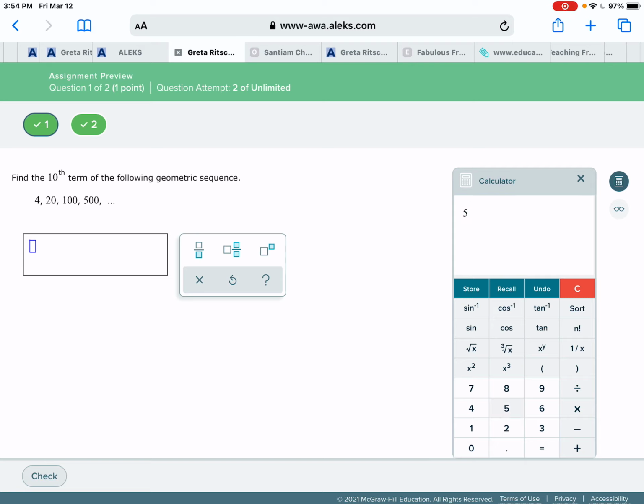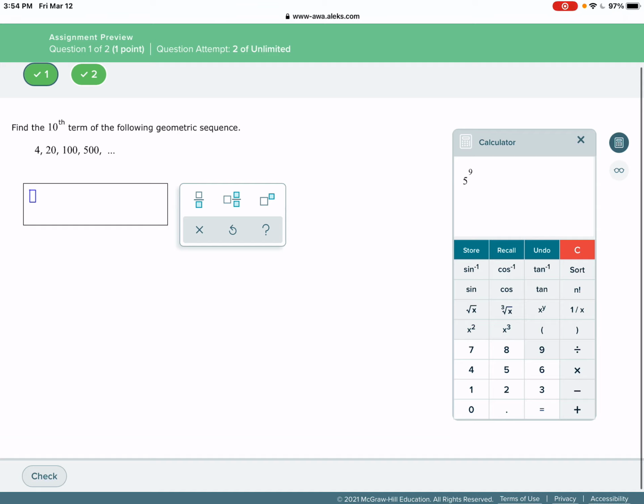Five to the 9th power. Strangely enough, I don't know how to put equals.